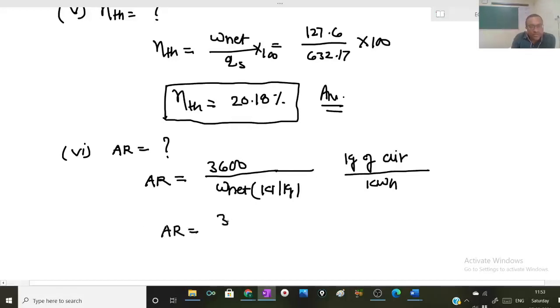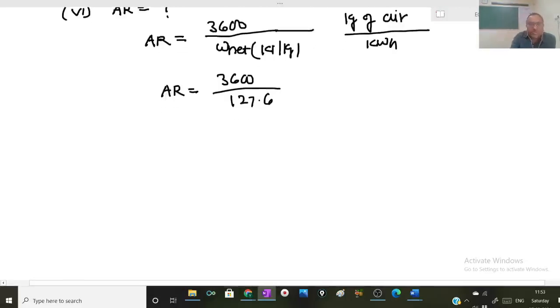So air rate will be 3600 divided by 127.6. Here, unit wise it is a balanced formula. You are only supposed to enter numerical values. So air rate comes out 28.21 kg of air per kilowatt hour output.